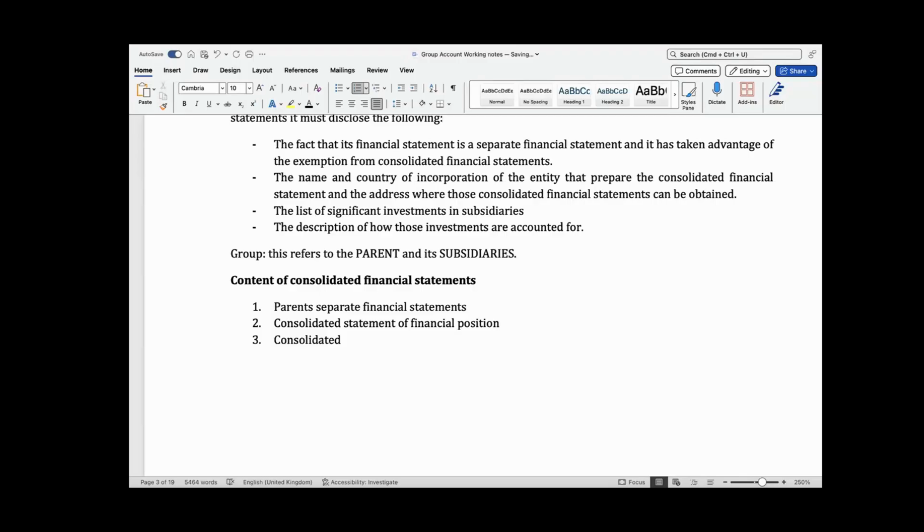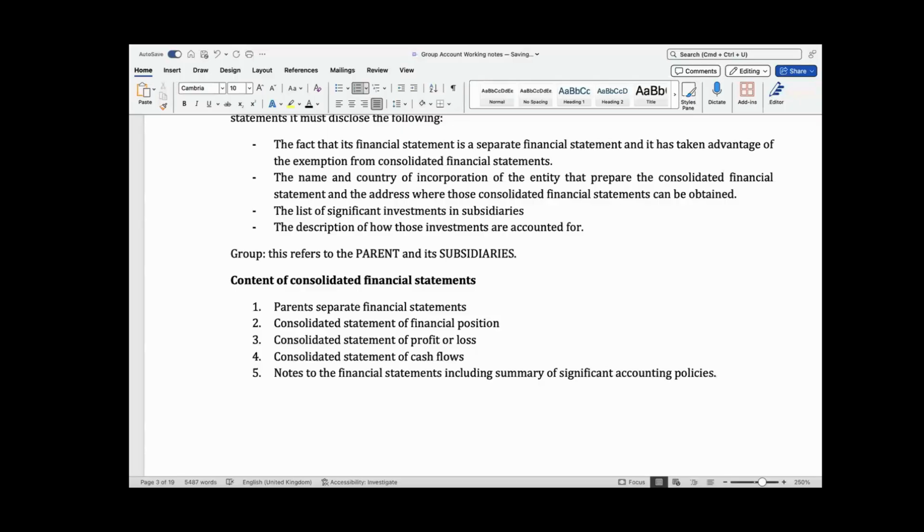Number three is consolidated statement of profit or loss. Number four is consolidated statement of cash flows and notes to the financial statements, including summary of significant accounting policies. Okay.